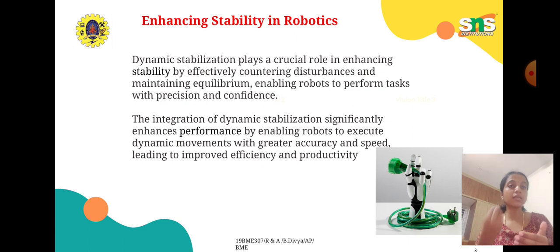Since they are communicated continuously to the robot control structure, it can perform its tasks with good speed, accuracy and efficiency. When these three are very good, the productivity will be very good, right?